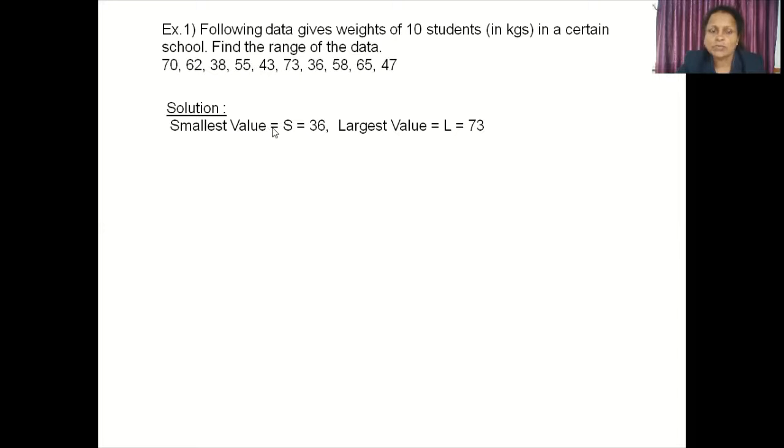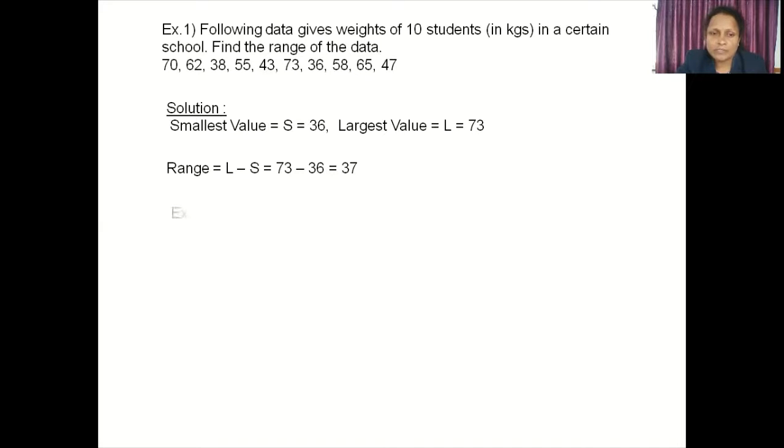So we write the smallest value S is 36 and the largest value L is 73. The range becomes L minus S, that is 73 minus 36, which is 37. Students, this is the simplest question, which carries 1 mark, to find the range of the data.